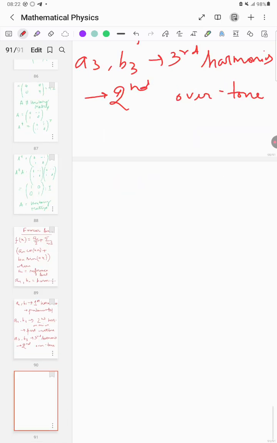The series continues: a4 and b4 are the fourth harmonic and the third overtone, and so on till n. Here a0, an and bn are the unknowns. We need to find these constants using specific formulas. These a0, an and bn are called the Fourier coefficients.